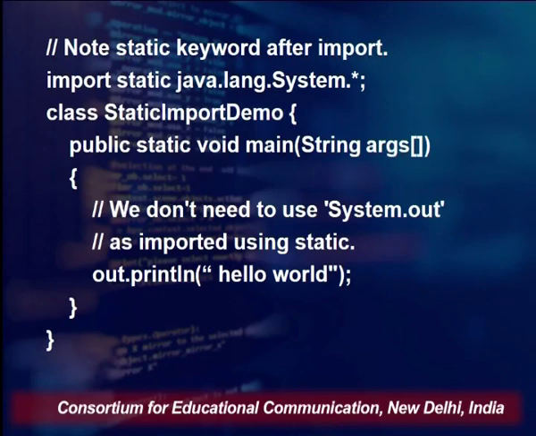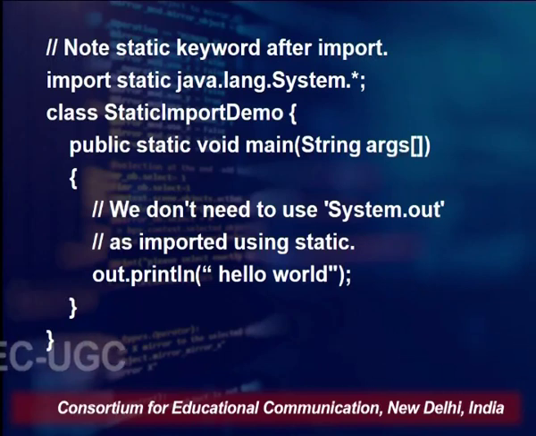Here we do not need to use System.out as we have already imported java.lang.System using the term static, and that is why it is known as static import. In the code you can see that we have not only imported java.lang.System.*, we have imported this statically. Note the static keyword after import.